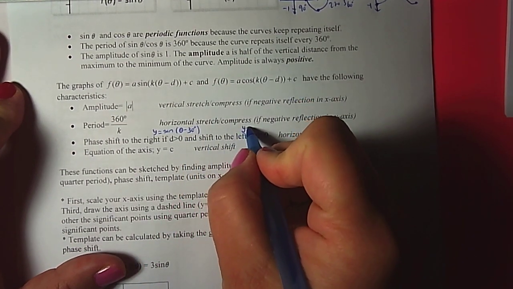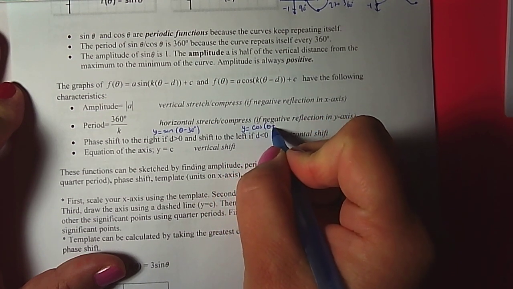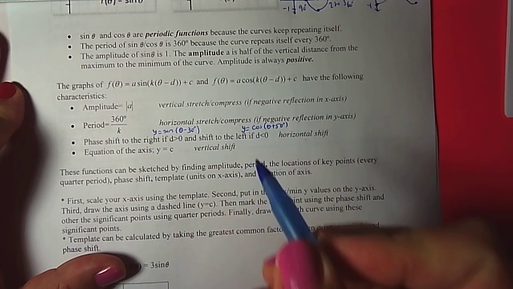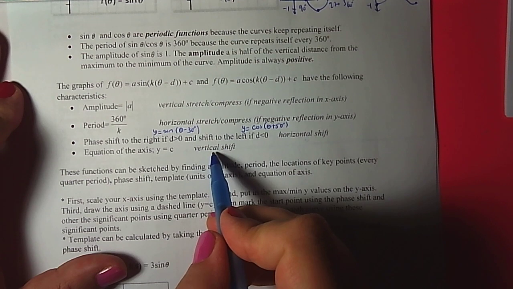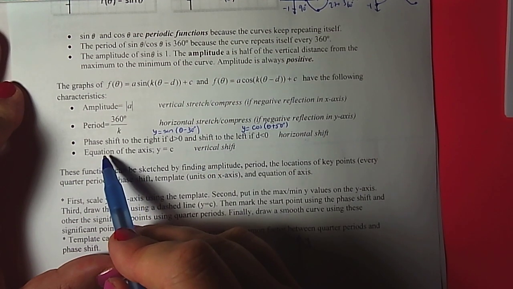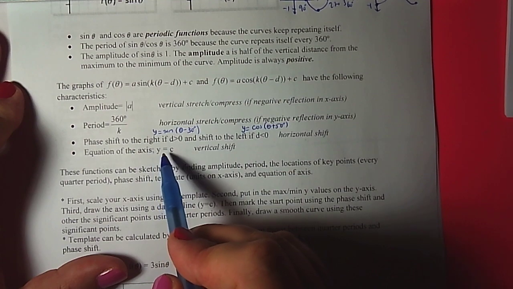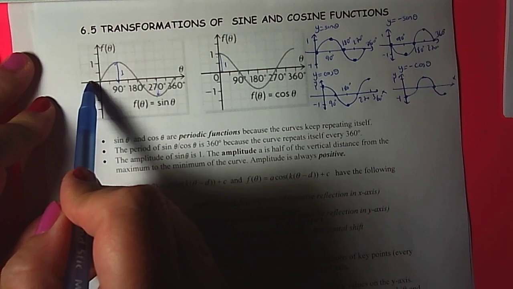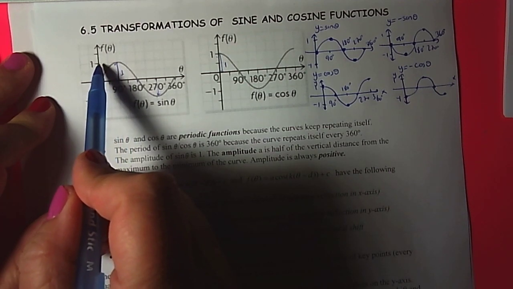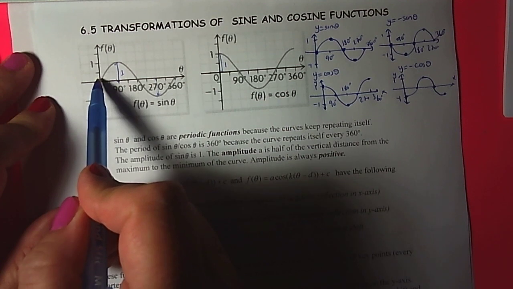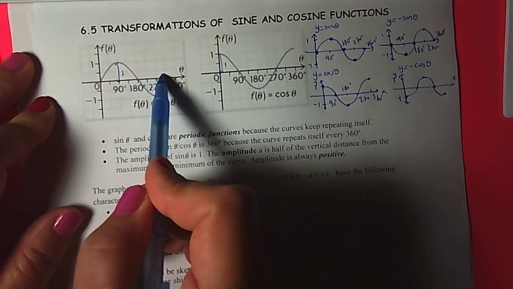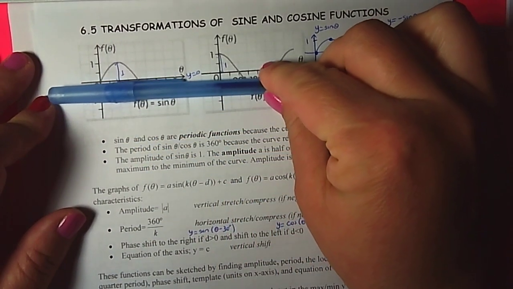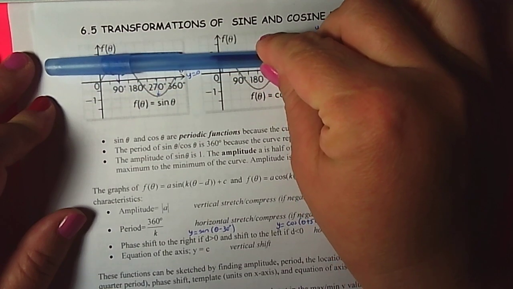If you have y equals, let's say, cosine (theta plus 50 degrees), then there is a phase shift 50 degrees to the left. So C value is the vertical shift, and that will give us the equation of the axis, y equals C. That axis is the line that is going in the middle if you look at maximum and minimum. If there is no vertical shift, the equation of axis is y equals 0. But if there is a vertical shift, that line where the zeros are located will move up or down.